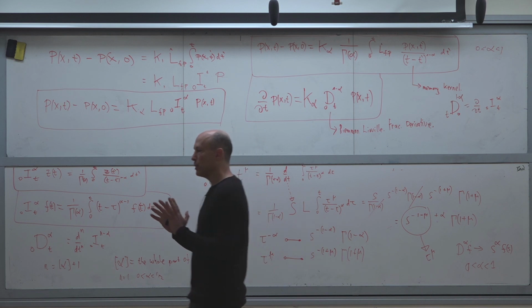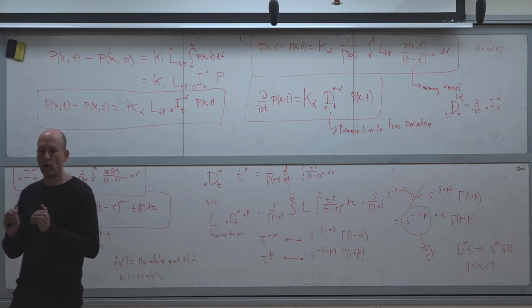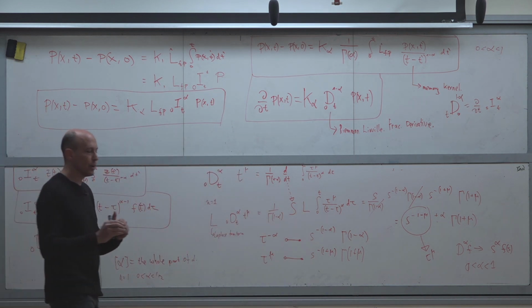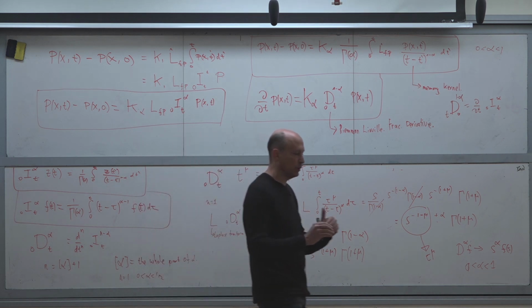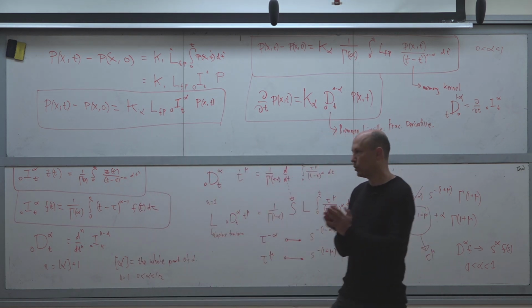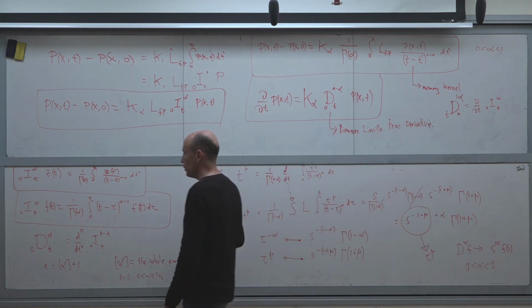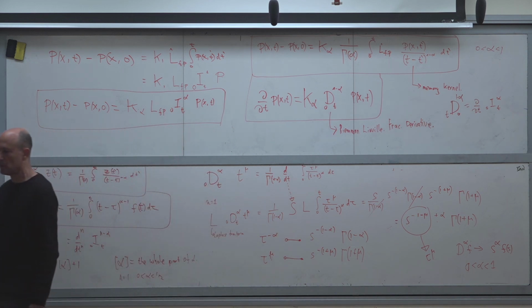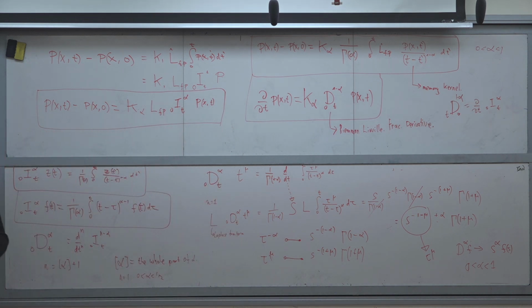Again, I'm just mentioning here briefly that there are several ways of defining these fractional derivatives, and you need to be careful what type you use, and why we choose to use a particular set of them is important.